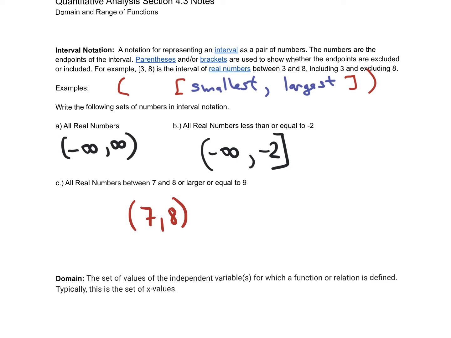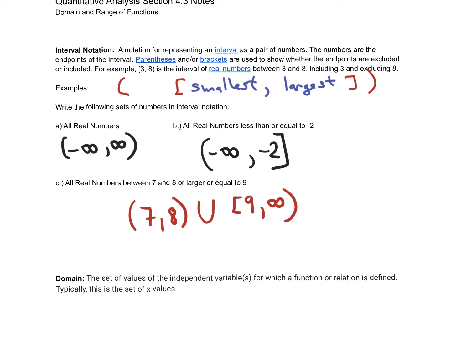All those are in that region. Or, so it says or, we generally use the U, or larger or equal to 9. So that means 9 or bigger, including 9 because it says larger or equal to 9, so 9 to infinity. So these would be our interval notation for these sets.